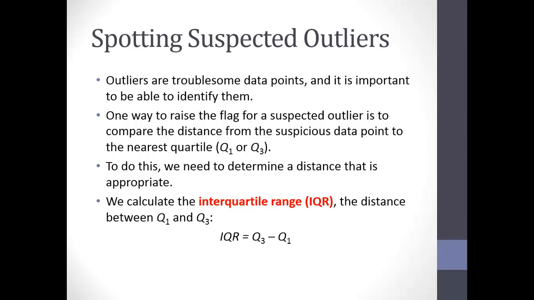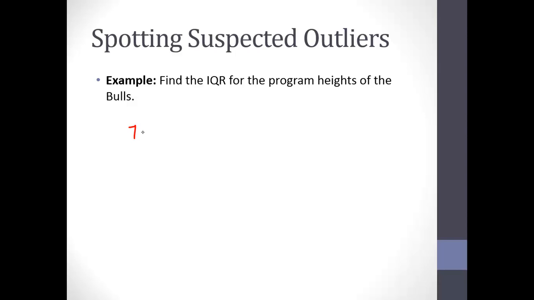And so what we're going to use is this thing called the interquartile range, which is simply the difference between the first and third quartile. So the two numbers between which the middle 50% of the data lies. That's our interquartile range. So quickly, what is the IQR for this example we've been working on?